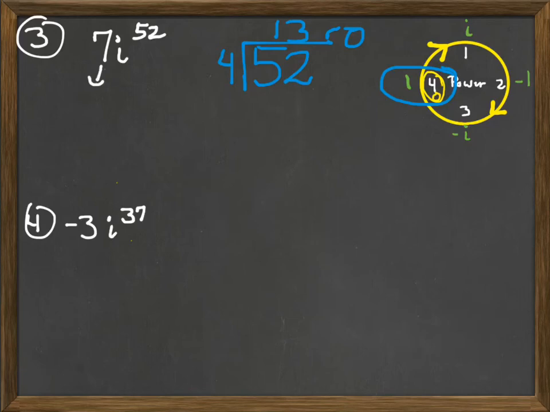That 7 just gets brought down. And then I'm going to multiply it times what happens with my simplifying of my imaginary number. So that would be i to the 0, which was 1. So my final answer is 7. You're going to do number 4 in the next problem.